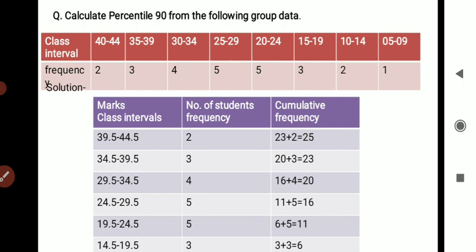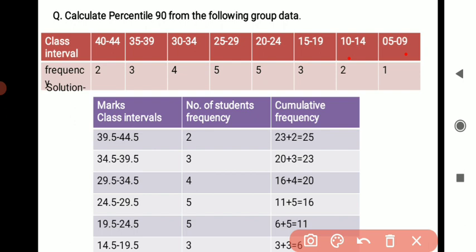To calculate percentile, first you have to observe whether the given class interval is continuous or not. You can observe that the upper limit of the first class interval is not the lower limit of the next class interval, 10 to 14.